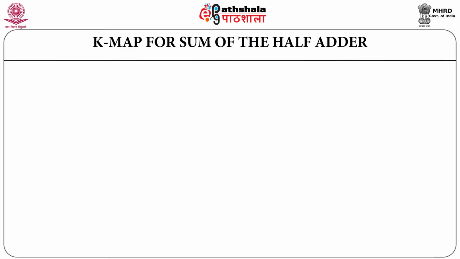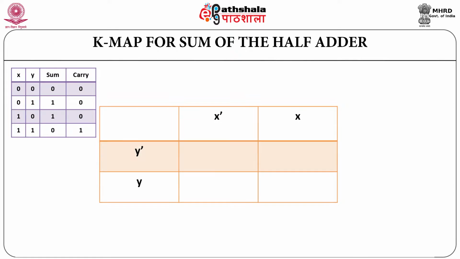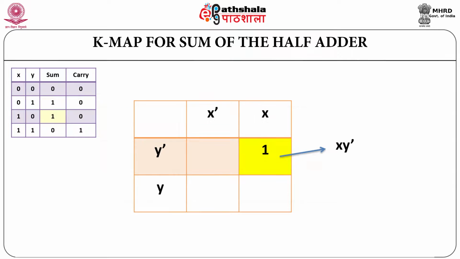Let us see the K-map for the sum of the half adder. You have to fill up this particular table. If you look at the truth table, you will find that if x' and y' is 0, 0, nothing is to be filled up in the table. Leave it blank. If x is 1 and y' is 0, then the sum is 1. That is why in that particular block or square, 1 is written and it is designated as x y'.